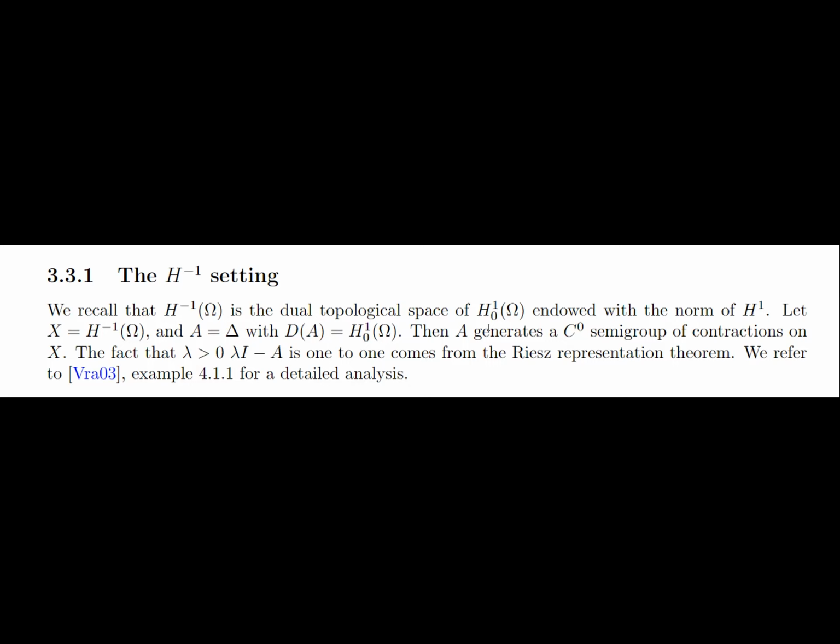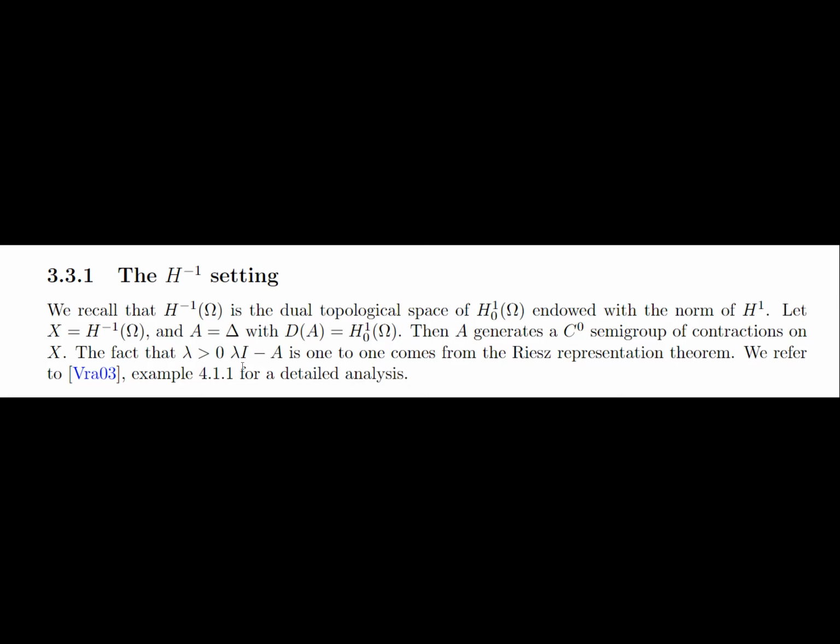And when you do that, you can prove that A generates a C0 semigroup of contractions on X. I don't give the detail, but as we have done before, you need to prove that lambda I minus A is one to one.